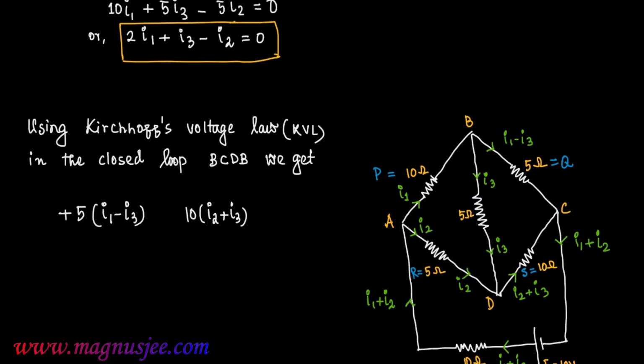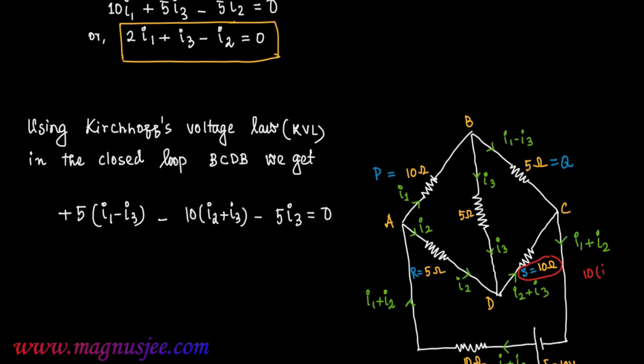Then the potential difference across the 10 ohm resistor between D and C is 10 into I2 plus I3, and this is negative, and the potential difference across the 5 ohm resistor between B and D is also negative.